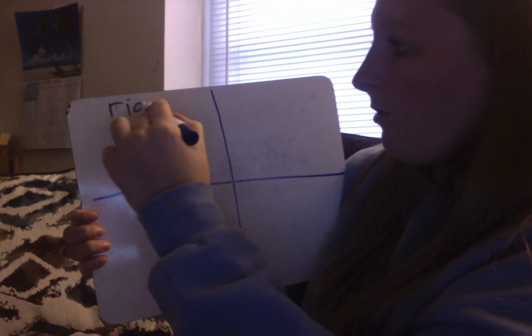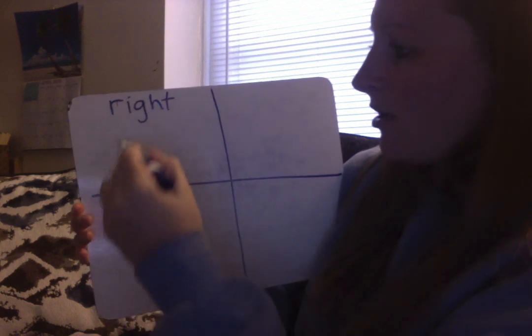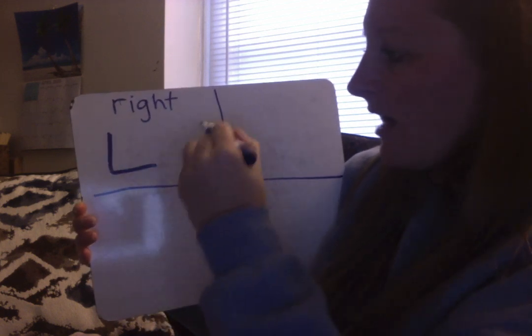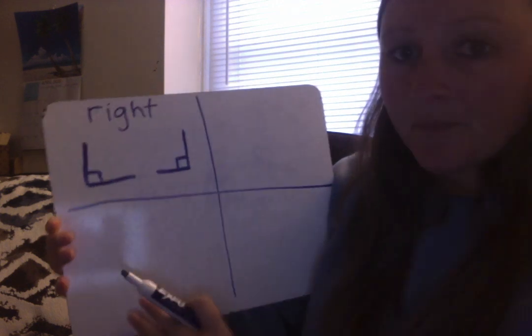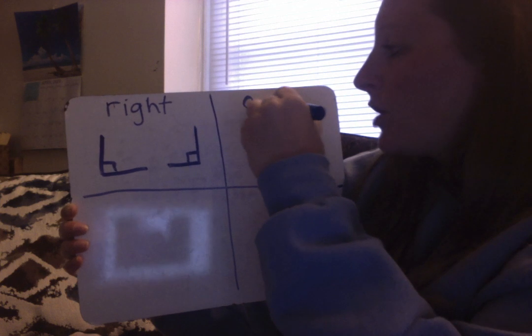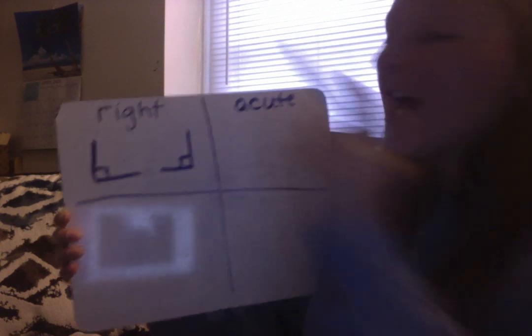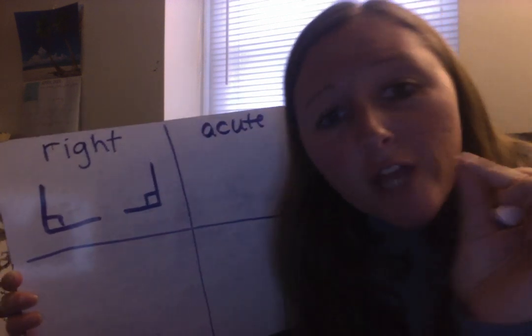So, in a nutshell, we have 4 angles. The first one is that right angle. Our right angle makes that perfect L. And a lot of times it has this little square right here. Then we have our acute angle. And acute is so little, it'd be cute like a baby.